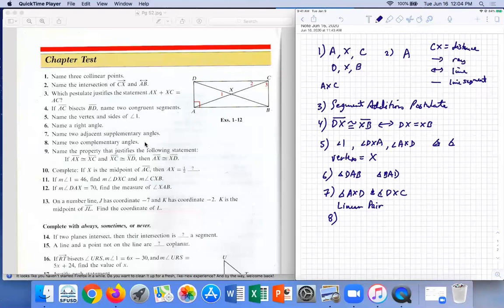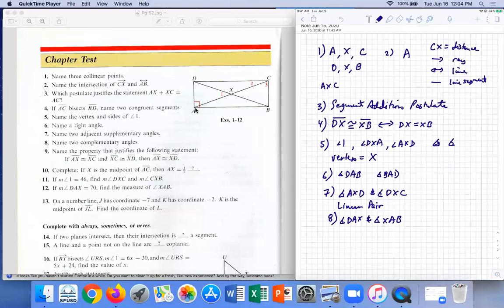So name 2 complementary angles. Let's say this will be angle DAX and angle XAB. Again, you can name these angles like XAD or BAX as long as A is the vertex, right?